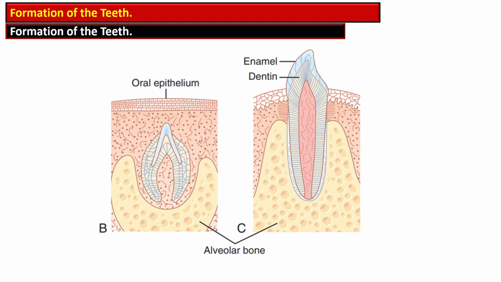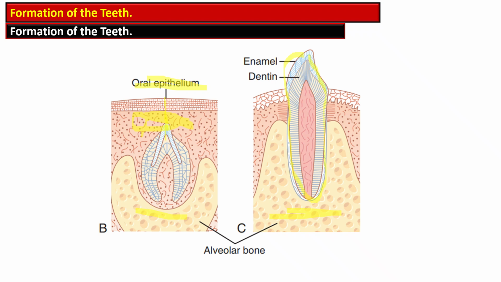These pictures are summarizing the structures. The oral epithelium that is invaginated above gives rise to the ameloblasts, while this is the alveolar bone, and this tooth that is erupted is present in this tooth socket.